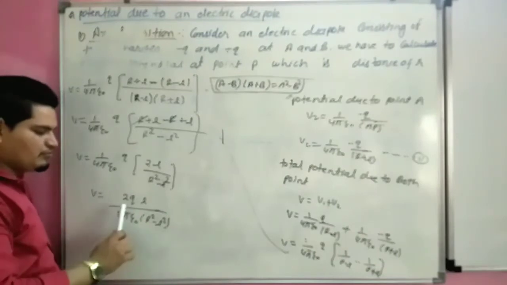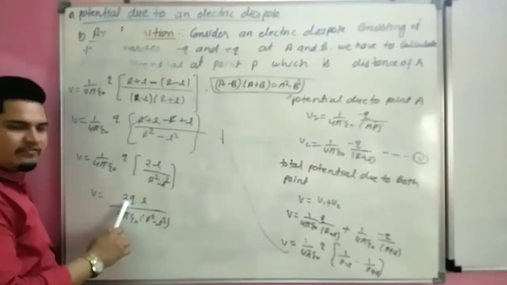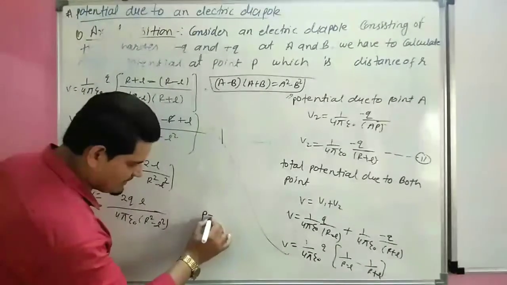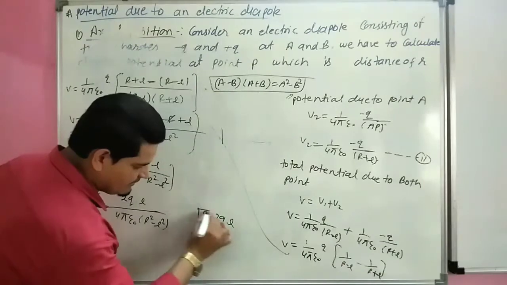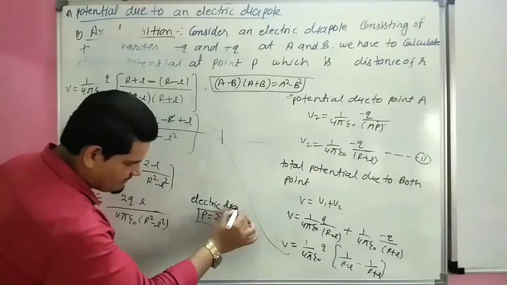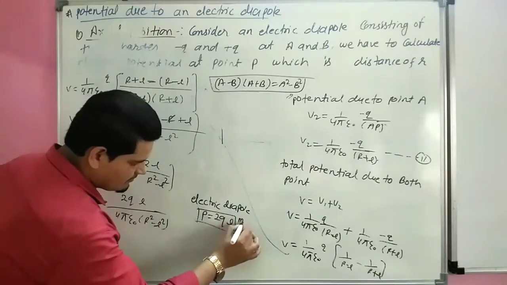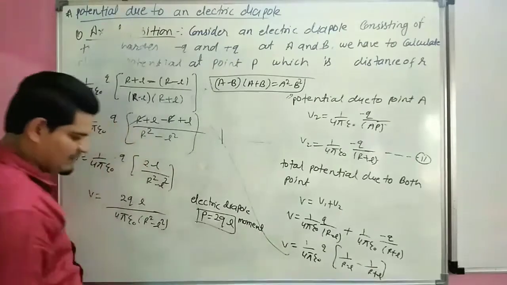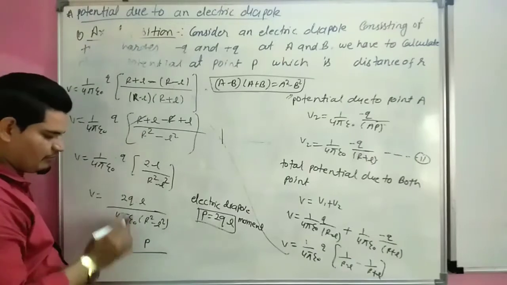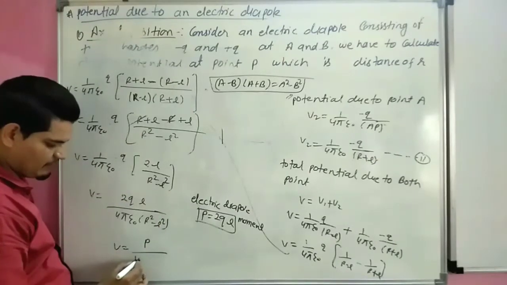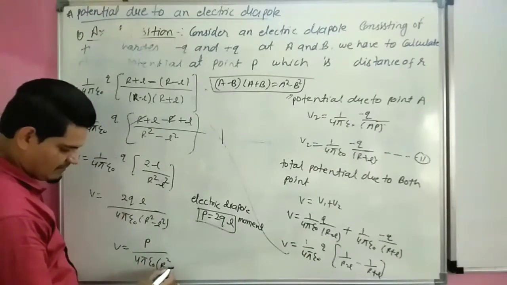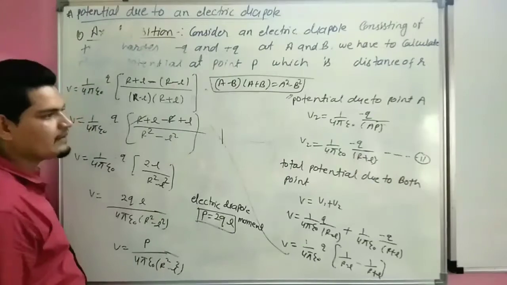And we know that 2ql is the electric dipole moment, denoted by p. So we can write p in place of 2ql: p divided by 4 pi epsilon naught, R square minus l square.